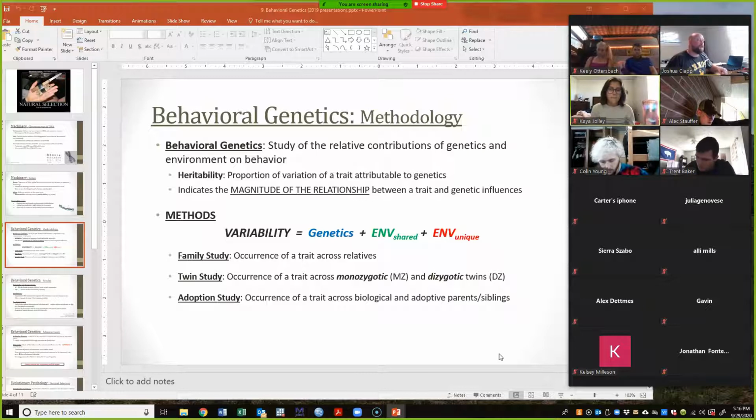So let's say again we're looking at depression, and we find a bunch of identical twins and fraternal twins where one of them has depression, and what we're looking at is concordance.